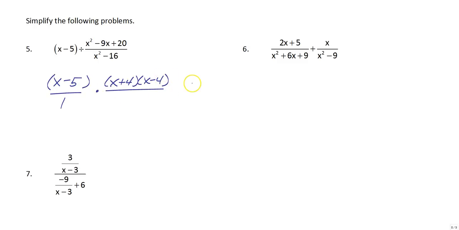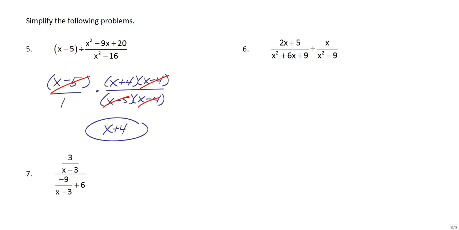But notice we wrote it on the top now because this division flips the fraction. This is going to give us an x minus 5 and an x minus 4. And now is when we can start canceling. So these x minus 5s cancel, these x minus 4s cancel, and we finish with just x plus 4 over 1. So we can just write x plus 4.